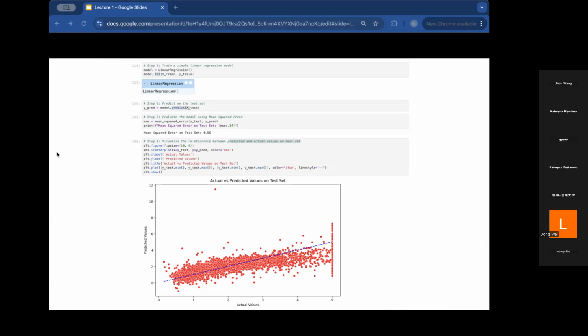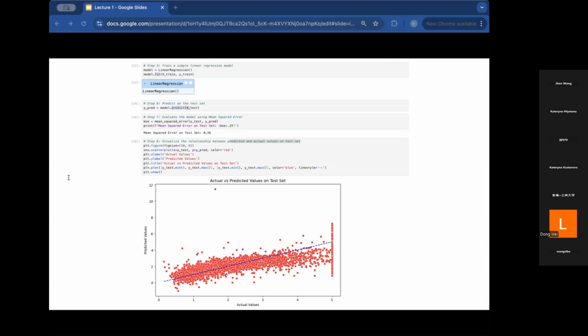It indicates that the model captures some of the variability in the target, but there is still room for improvement. Depending on the context and the complexity of the data, further tuning or a more complex model might yield better results. And of course, the lower the MSE, the better our model's predictions align with the actual data.